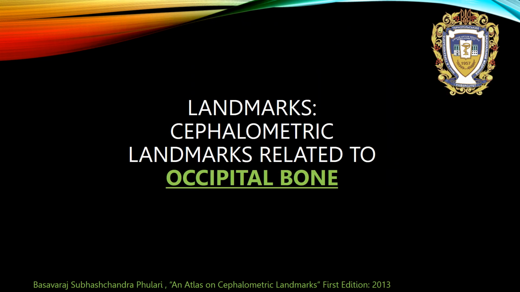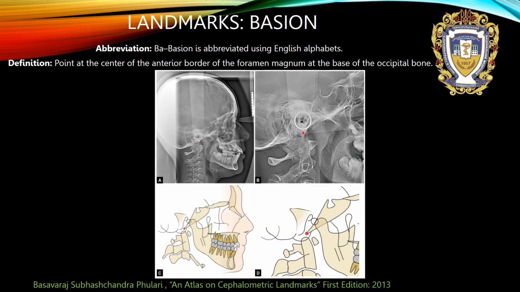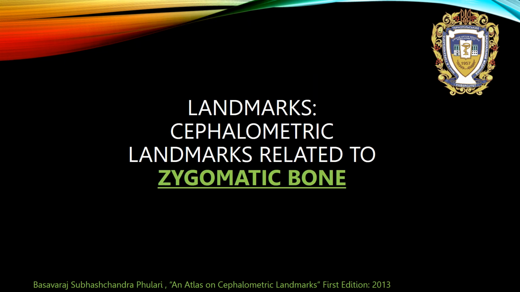Landmarks related to occipital bone. There are only 4 points, and the most important is Basion point. It is the point at the center of the anterior border of the foramen magnum, at the base of the occipital bone. Landmarks related to zygomatic bone.